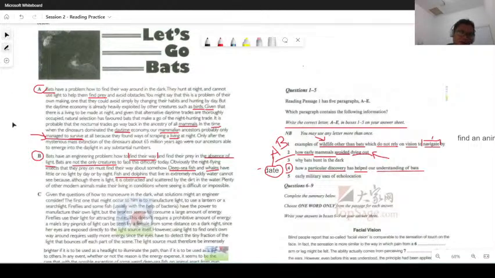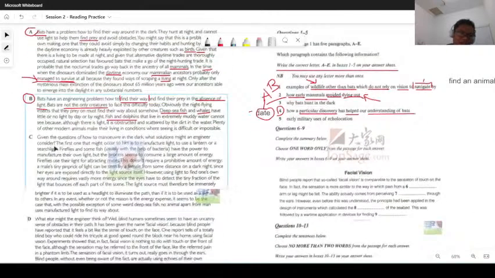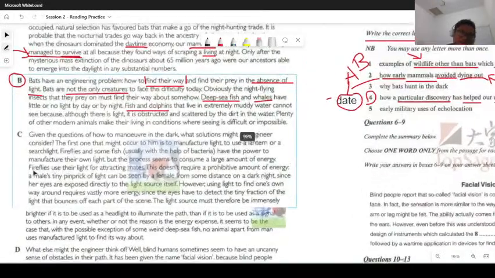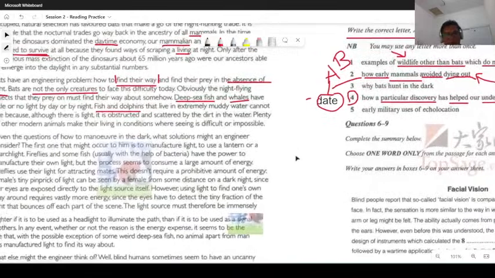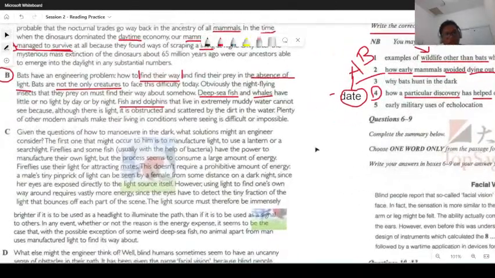Okay, so let's zoom in a little bit. Given the questions of how to maneuver in the dark, what solutions might an engineer consider? The first one that might occur to him is to manufacture light. So far, no keyword. To use a lantern or a searchlight.